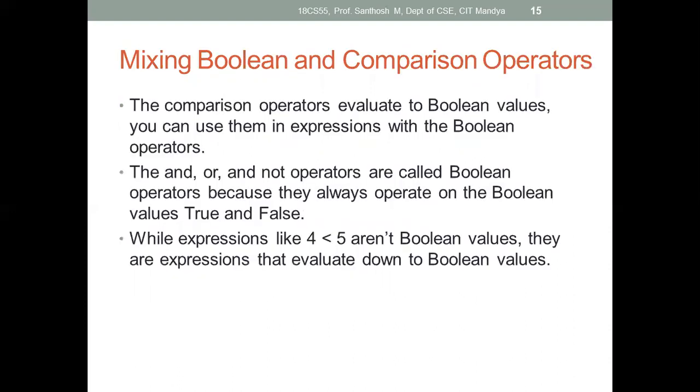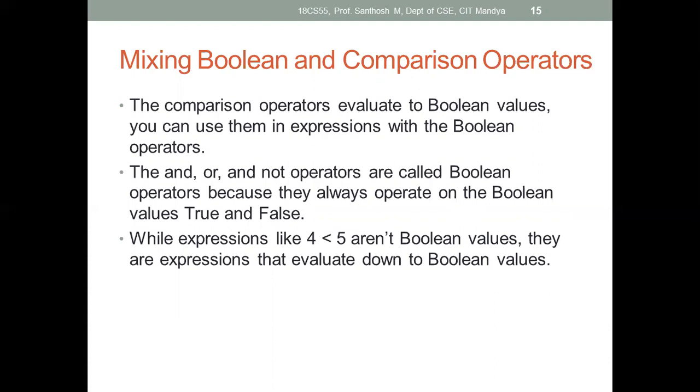So next one is mixing Boolean and comparison operators. We can mix both Boolean and comparison operators. If you mix both, first the comparison operators will get executed, and then the Boolean operators will get executed. So you can write an expression by combining both Boolean and comparison operators.